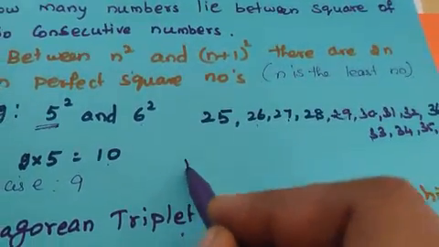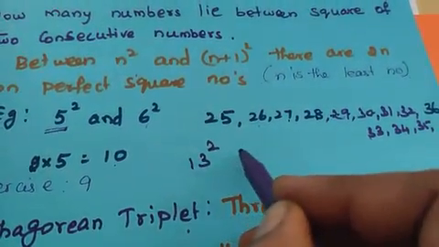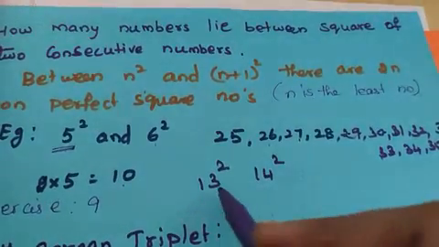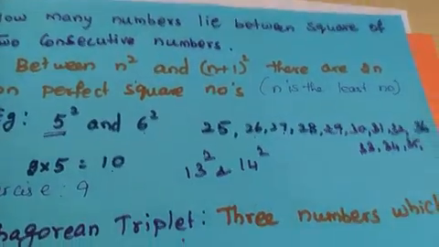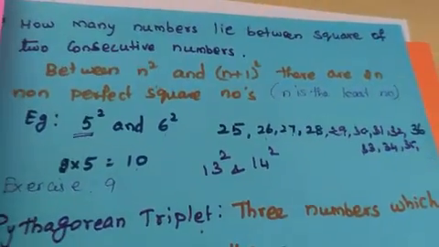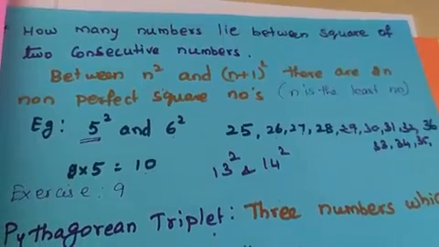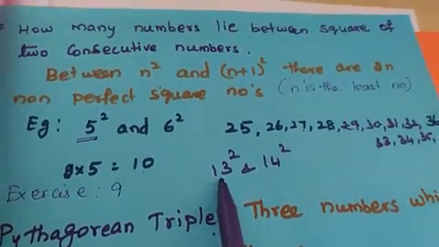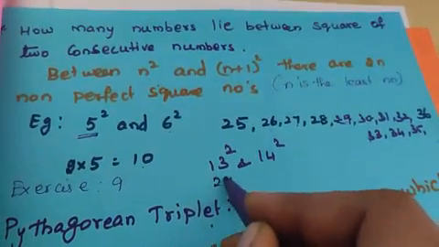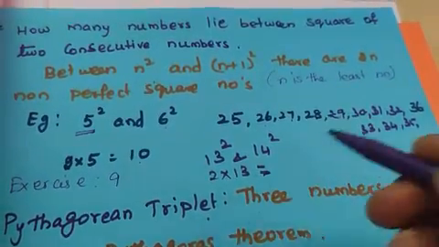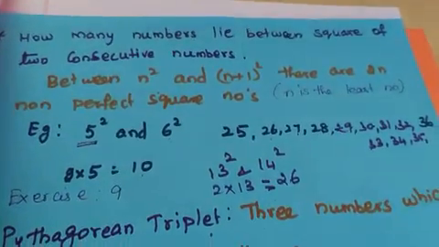Another example. Suppose it is 13 squared and 14 squared. In between, how many non-perfect square numbers are there? That we have to find out. Here the least number is 13. So 2 multiplied by 13 equals 26.